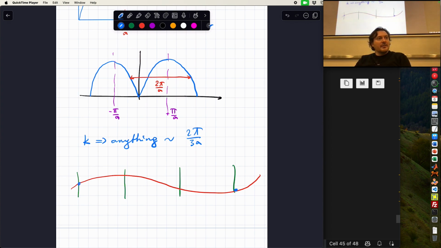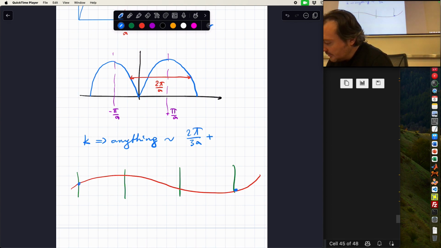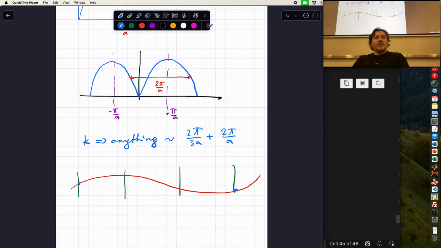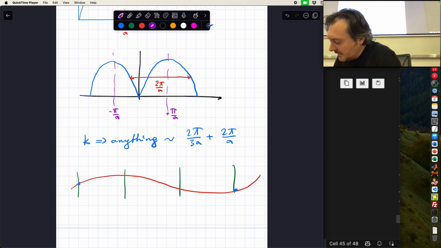Now I'm going to add 2 pi over a on top of it. What if you add 2 pi over a on top of it? Will it go faster? It's going to have an envelope. Exactly.